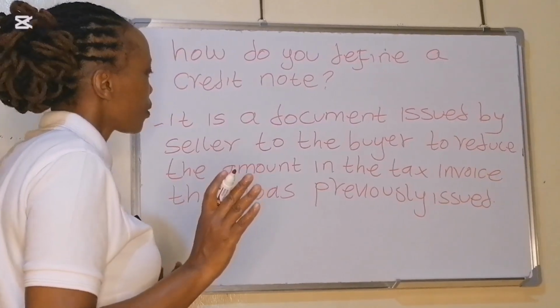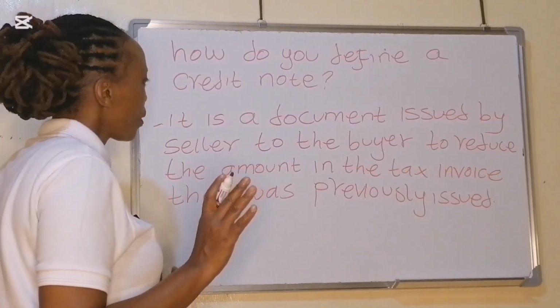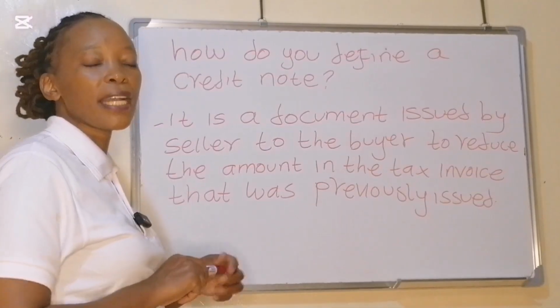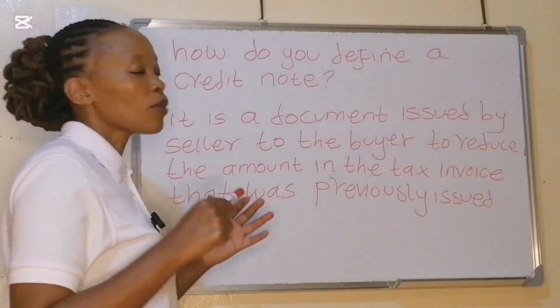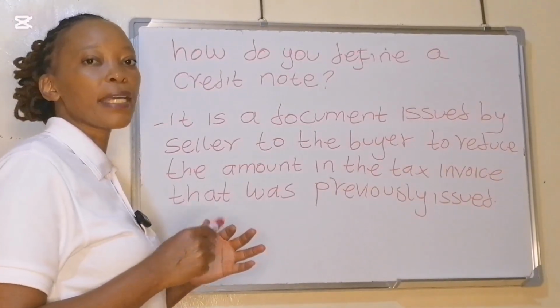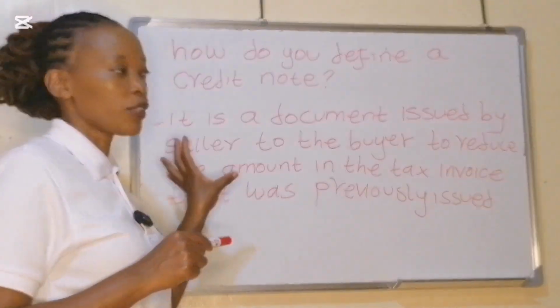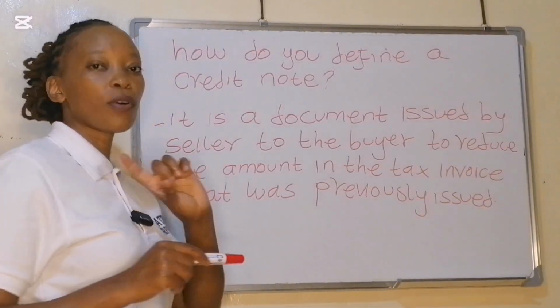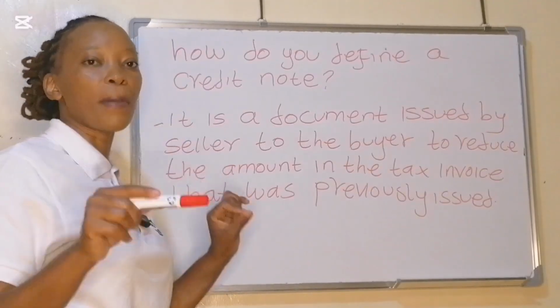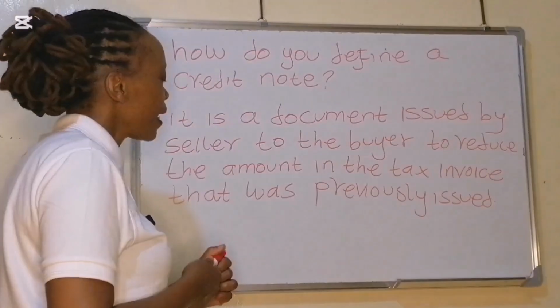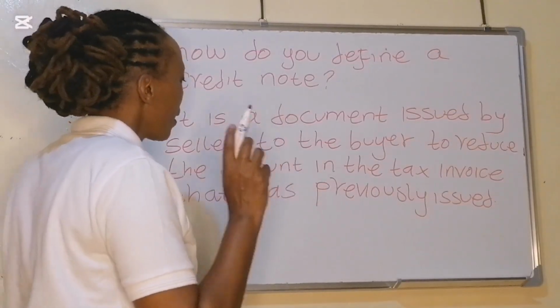I've used "issued" two times. So what am I saying? You don't correct an invoice by writing another invoice. But you can write a credit note to correct an invoice, especially if you want to reduce the amount in the invoice. That is the key point.